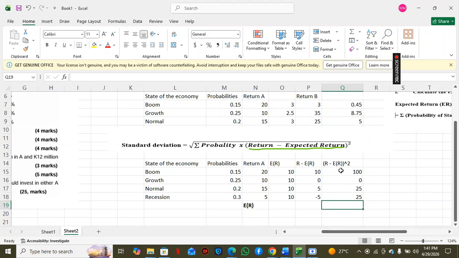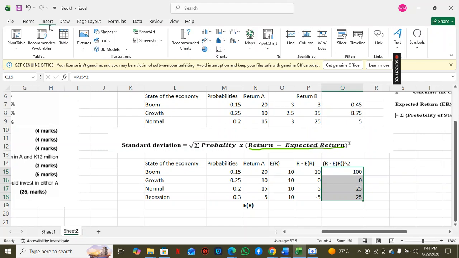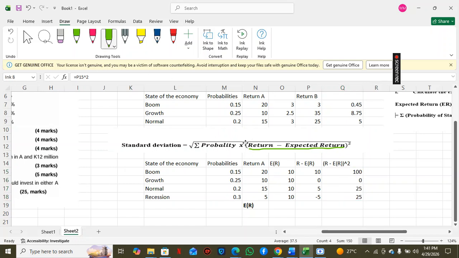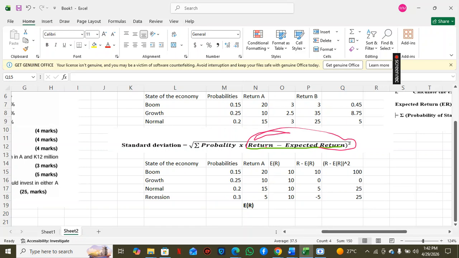We've squared each of the deviations, so we have done this part of the formula now: return minus expected return, squared. Then the next thing is we're going to multiply this by the probability.